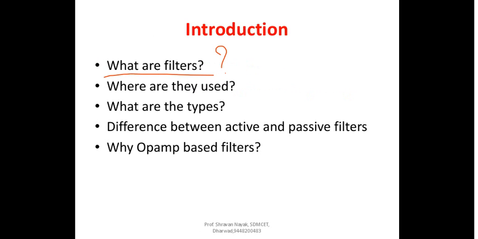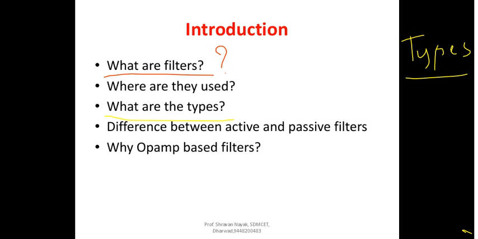Now let us come to the next point, which is very important here. What are the different types of the filters, right? When we speak about the types of the filter, there are different attributes based on which these types can be had.